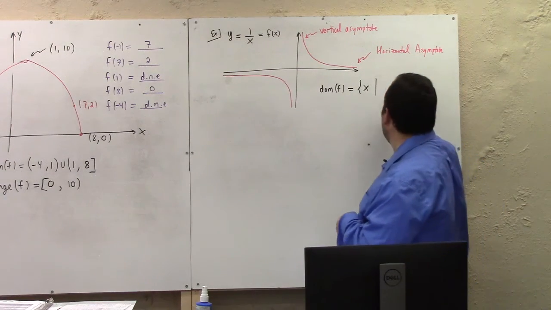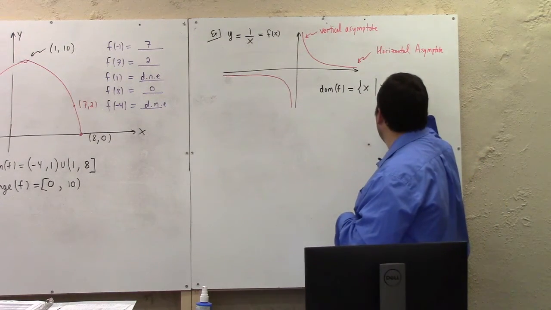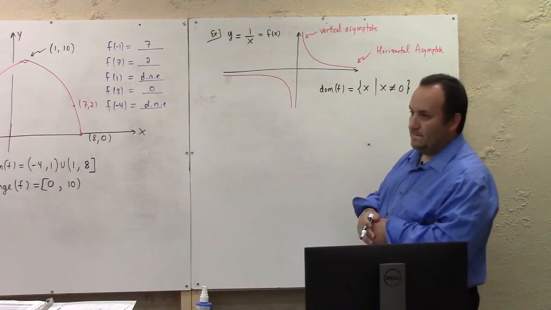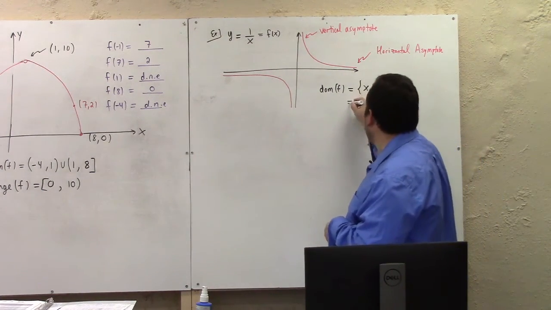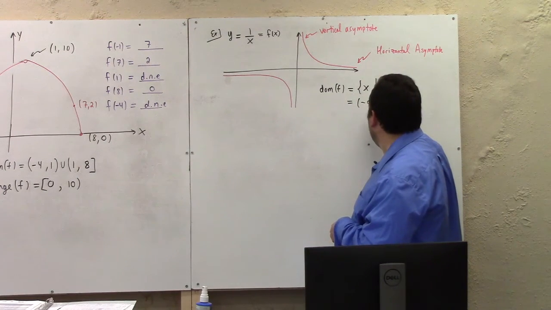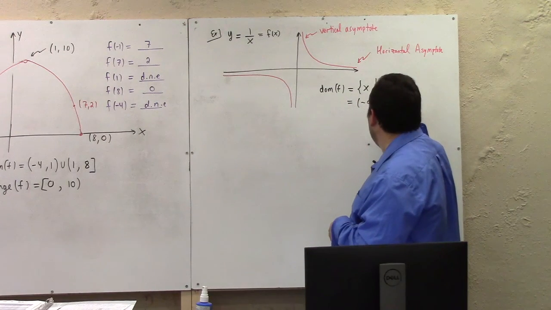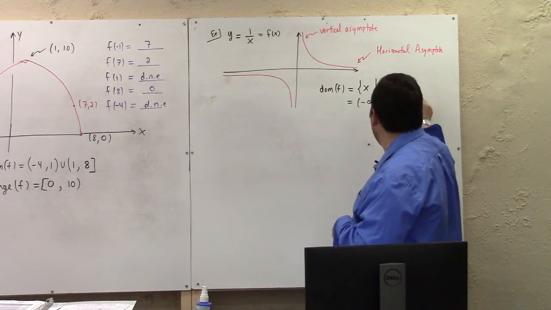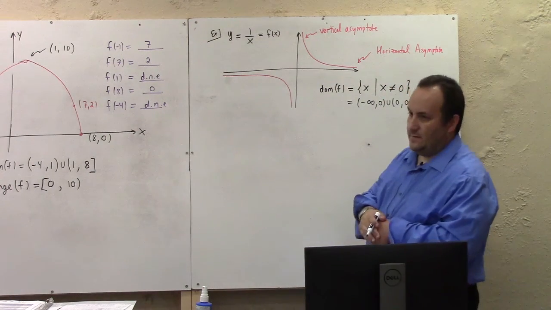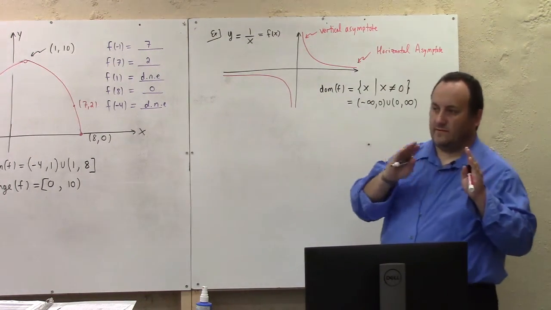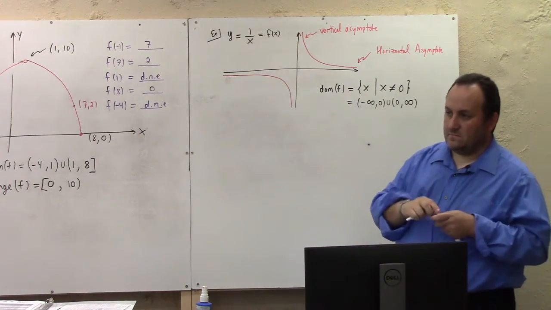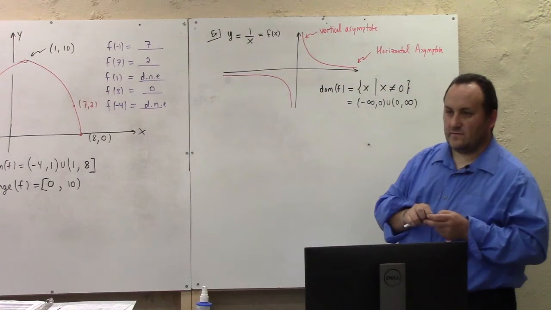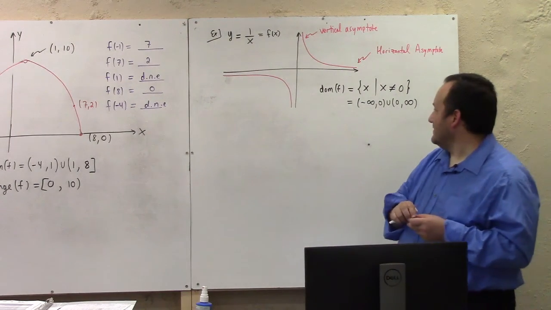Can't be 0. How about that, right? x not equal to 0. Now, if we want to write that in interval notation, we would write minus infinity to 0 unioned with 0 to infinity. Because if you think about the number line, there's the left and the right part of the number line. They meet in the middle. We just have to exclude 0. So that's the domain.